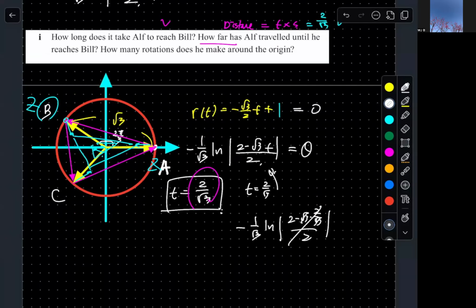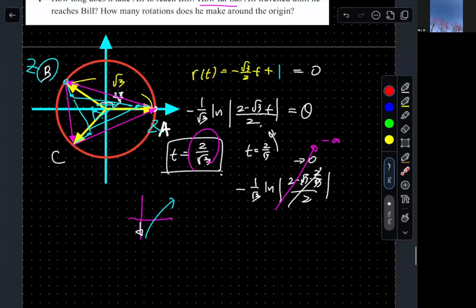But as the inside goes to 0, the logarithmic will diverge to negative infinity, right? From our standard logarithmic function, as you know, the vertical asymptote is at x equal to 0. And as you can see, the y-output is going to negative infinity. And multiplying the negative infinity with the negative value will make it positive infinity.